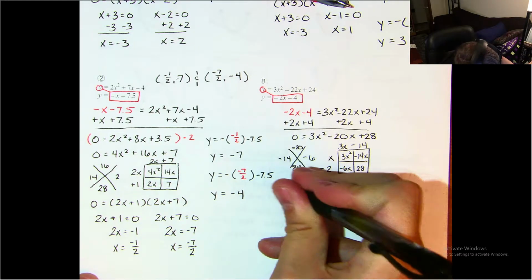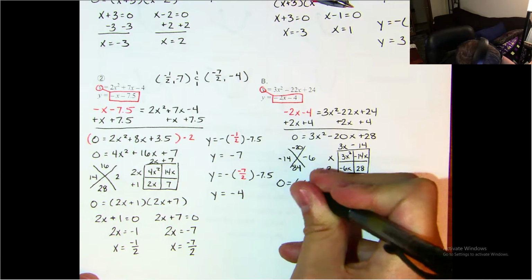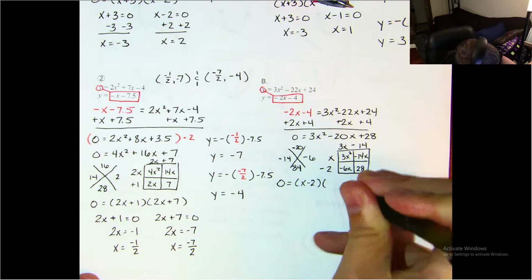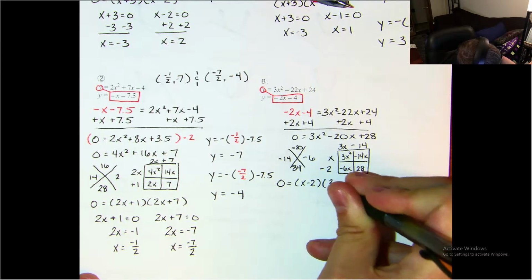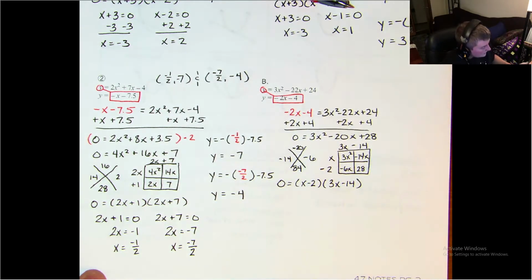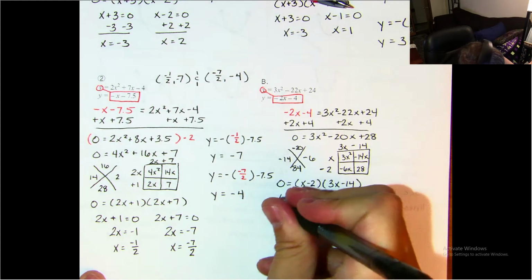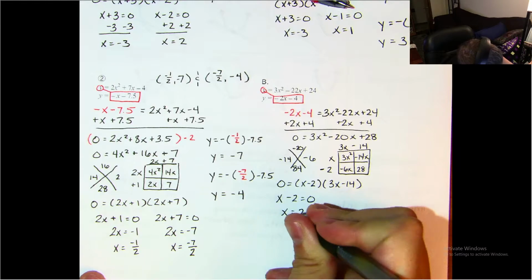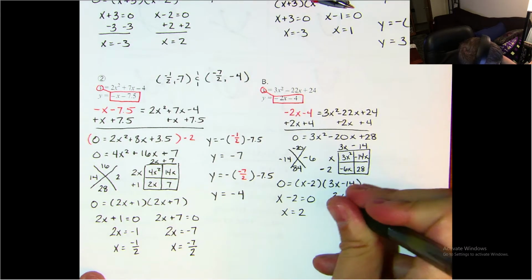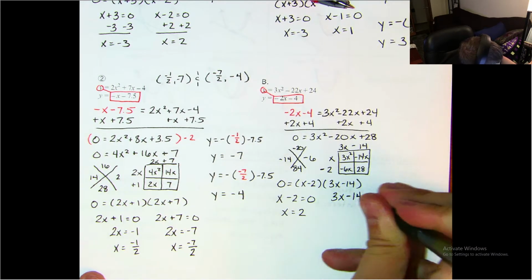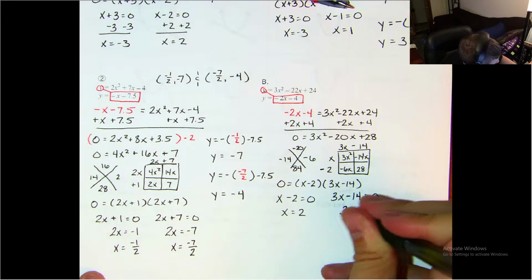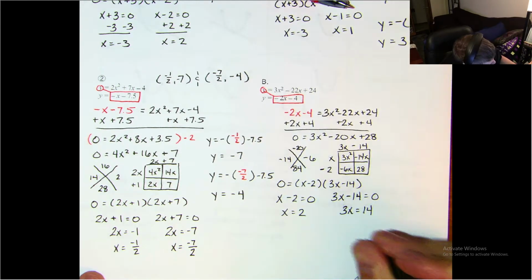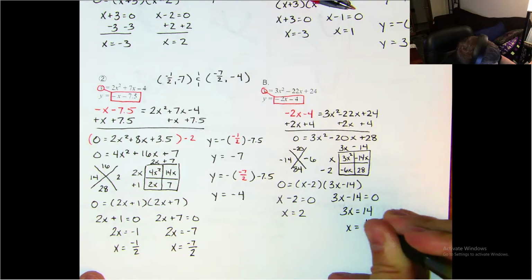So now I have 0 is equal to x minus 2 times 3x minus 14. Okay, which means that x minus 2 is equal to 0, so x is equal to 2. And then lastly, 3x minus 14 is equal to 0, which means 3x is equal to positive 14, which means x is equal to 14 thirds.